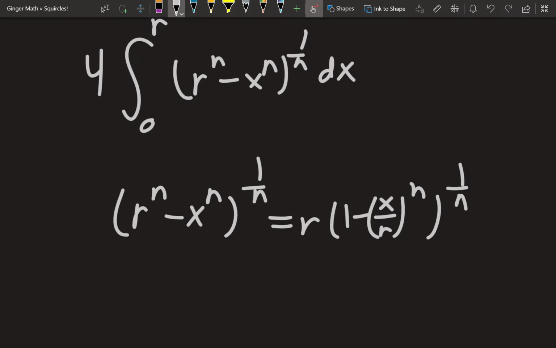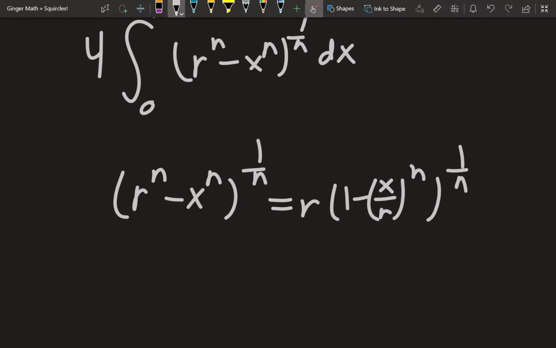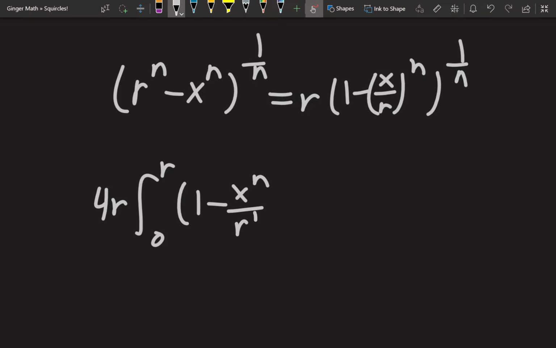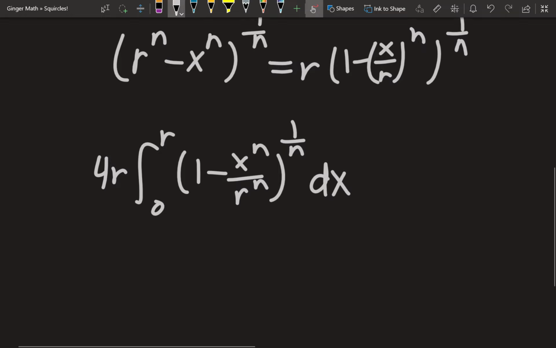These things are equivalent. So I'm going to replace that. Now we have 4r times the integral from 0 to r of 1 minus x to the n over r to the n, to the 1 over n dx. That's the function we're integrating now.